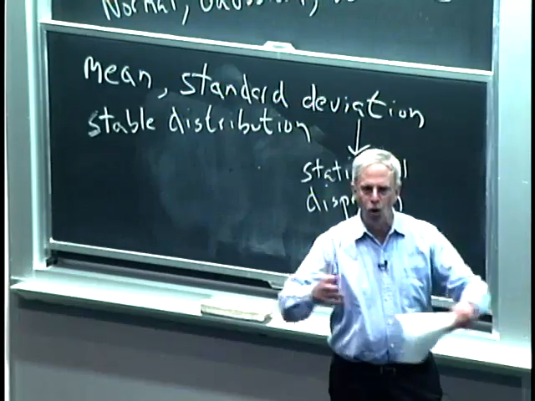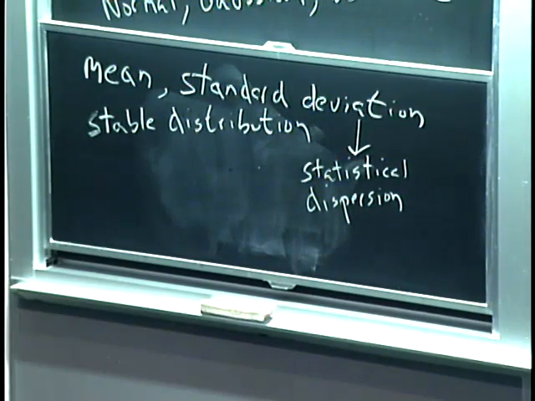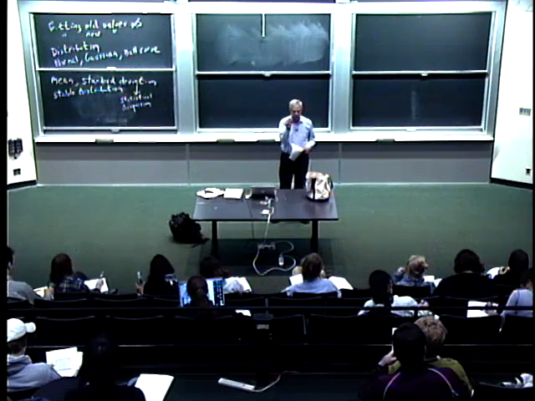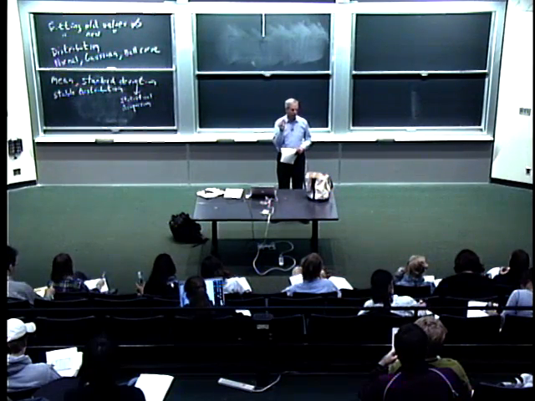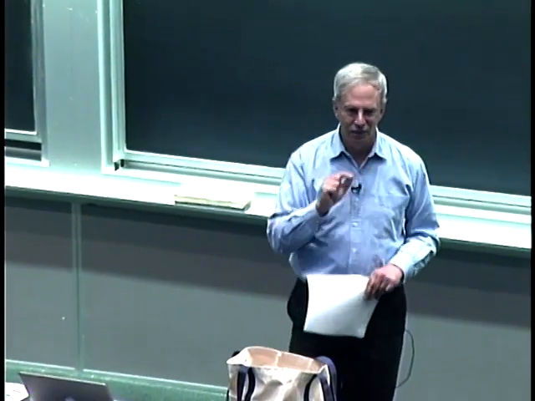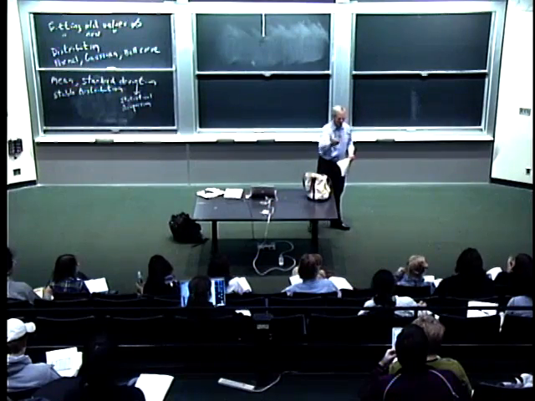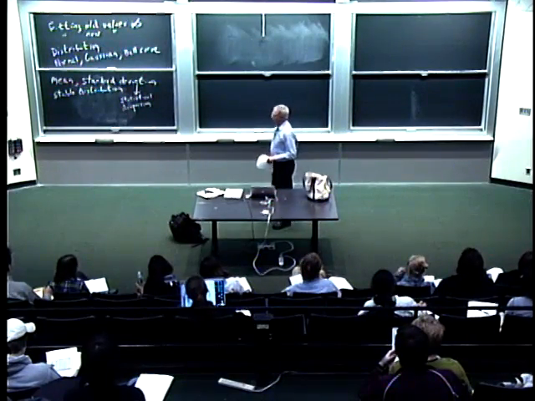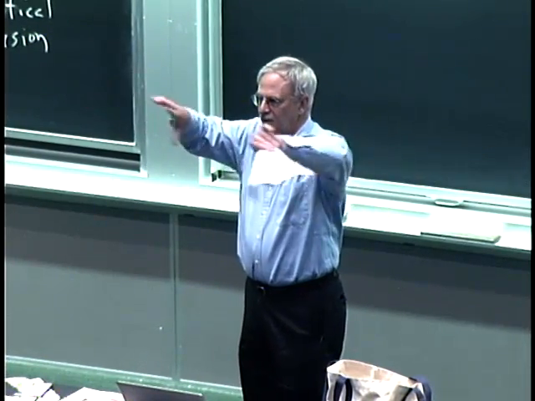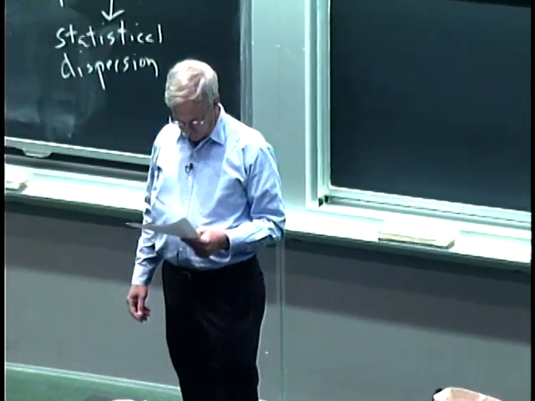It tells us how widely spread the points of the data set are. If many points are going to be very close to the mean, then the standard deviation is what? Big or small? Pardon? Small. If they're spread out and it's kind of a flat bell, then the standard deviation will be large.